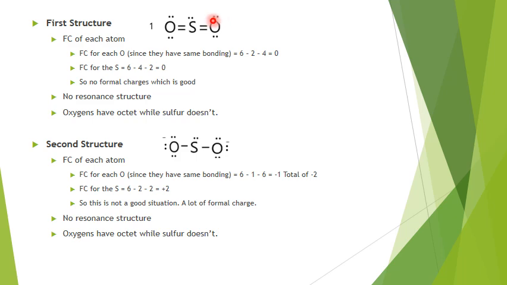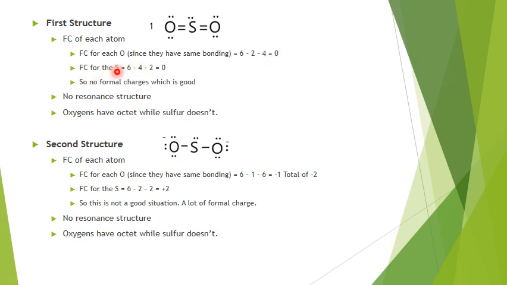Here's our first structure, and we're going to first find the formal charge of each atom. The formal charge of each oxygen is going to be 6, the number of valence electrons, minus the 2 bonds, minus the 4 dots, which is 0.